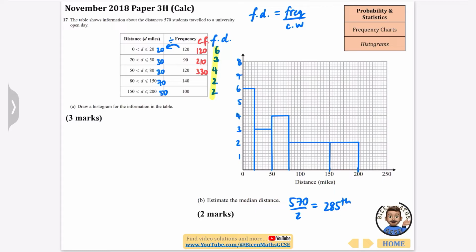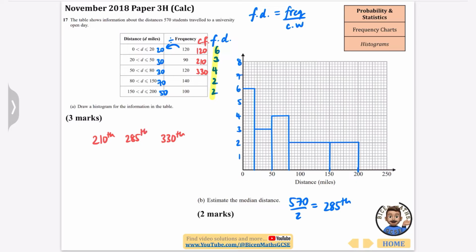Now, because I'm looking for the 285th position, I'm wanting something that is somewhere in between the 210th and the 330th. And we're looking for the one that's in between at 285.